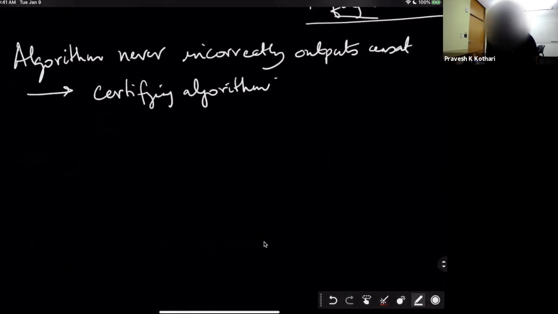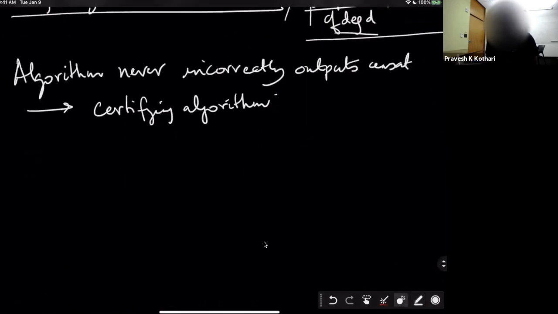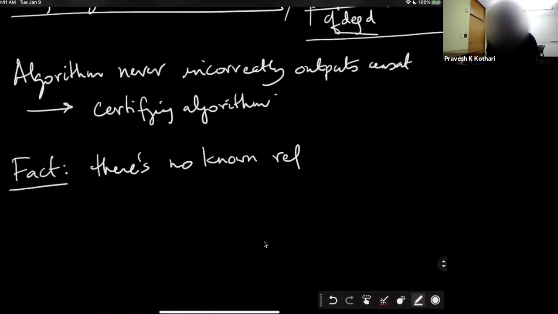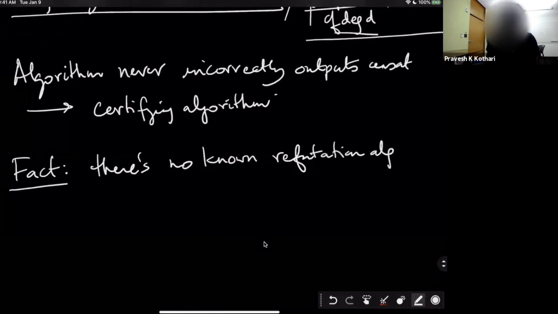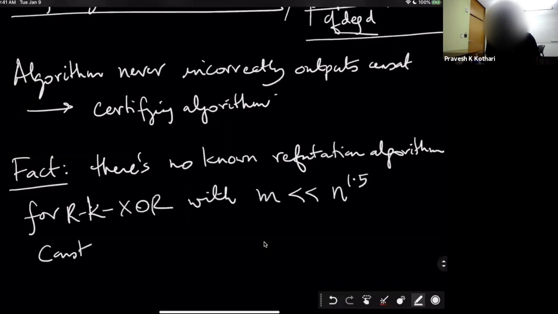And so when he was studying it, and in fact it's still true now, let me assert the following fact. This is right for 3XOR.